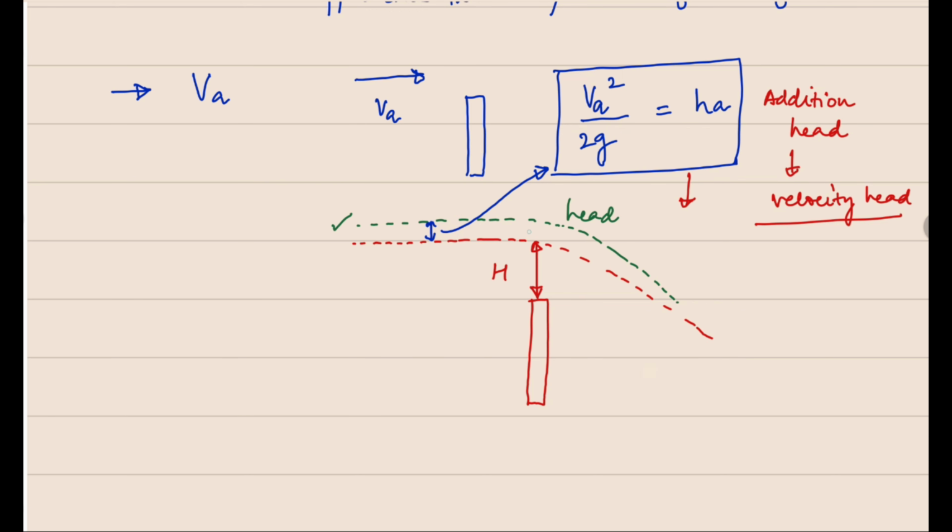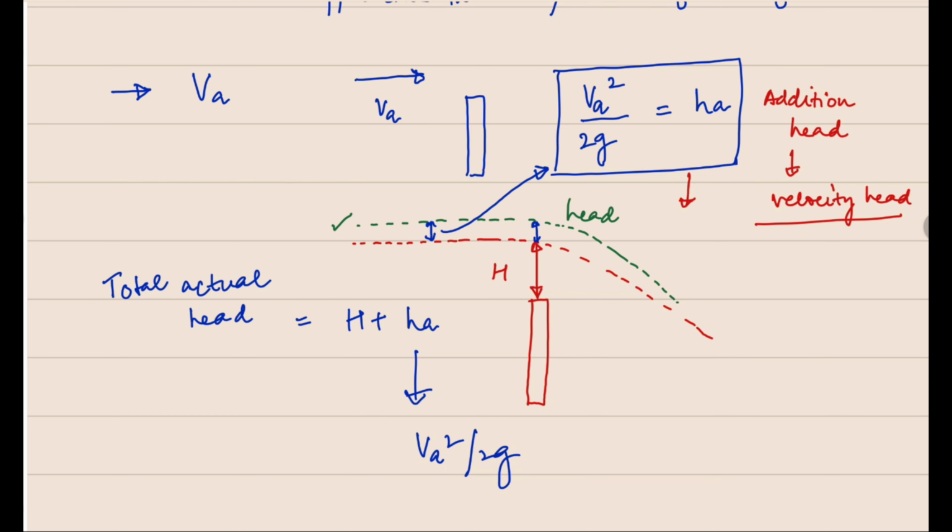At this particular point, the total head would be H plus Ha, where Ha is Va square divided by 2g.